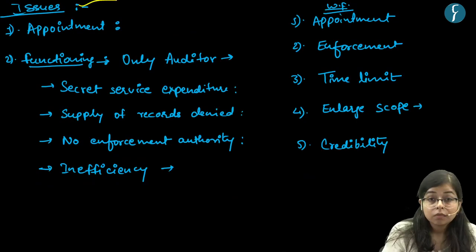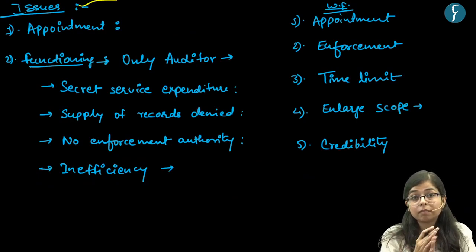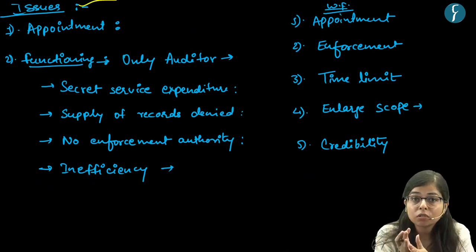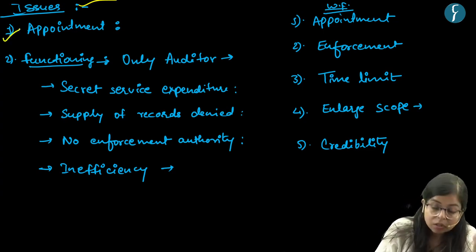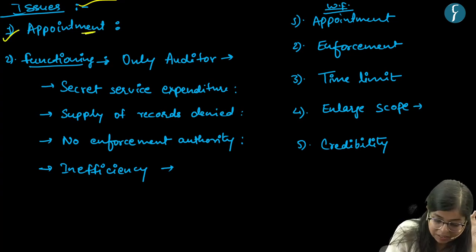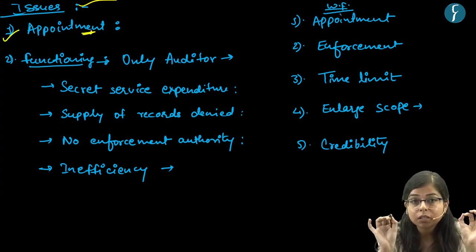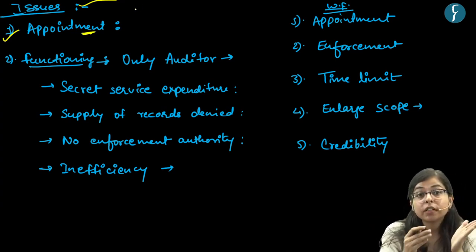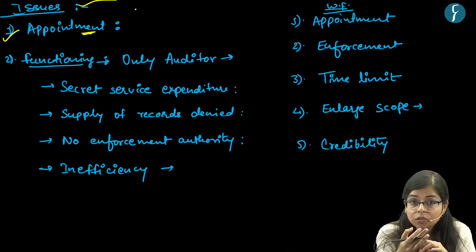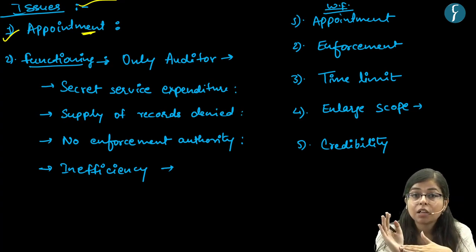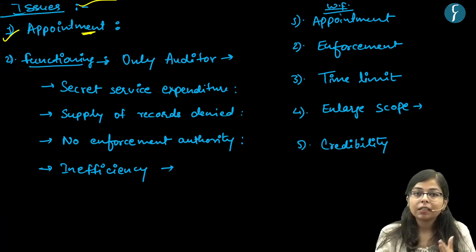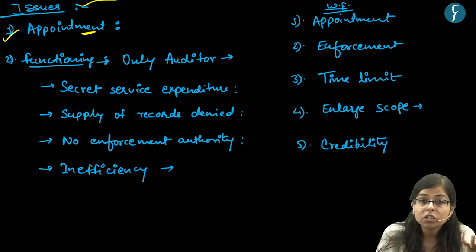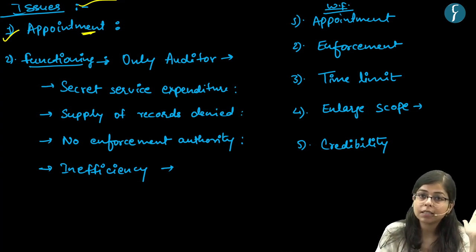Now let's see, since it is such an important constitutional body, but this body is plagued by certain issues. Let's see what these issues are. The first thing is that there is an issue in the appointment process of the CAG, right? There is no mentioned procedure in the Indian Constitution or in the CAG Act regarding the appointment, or the qualification of a person who can be appointed as CAG, right?